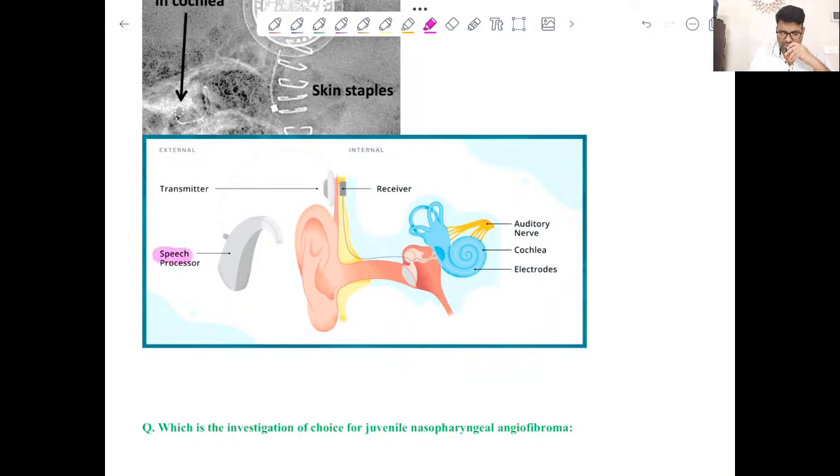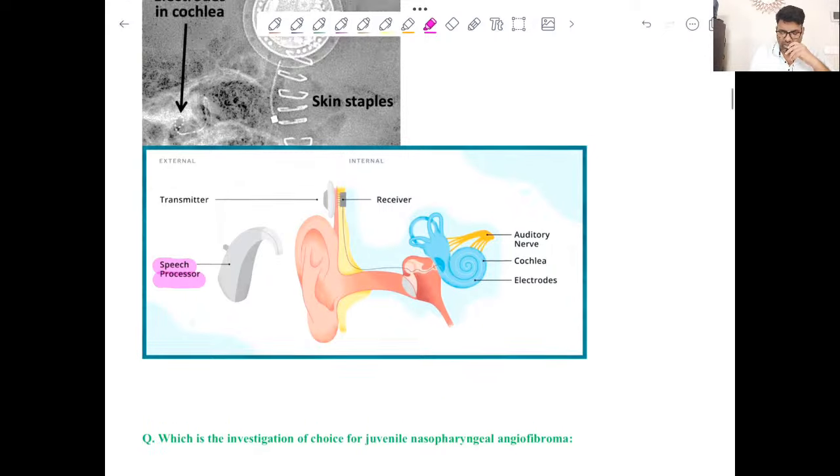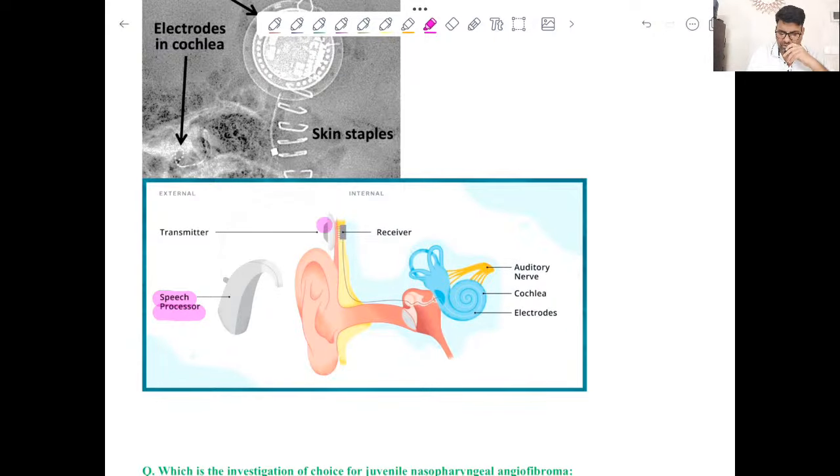Now one is the speech processor, then there is a transmitter, just opposite to that there is a receiver, and inside the cochlea, if you see, this is going inside the cochlea, right? So this is the electrode of the cochlear implant. Clear? So this is within the cochlea, right?